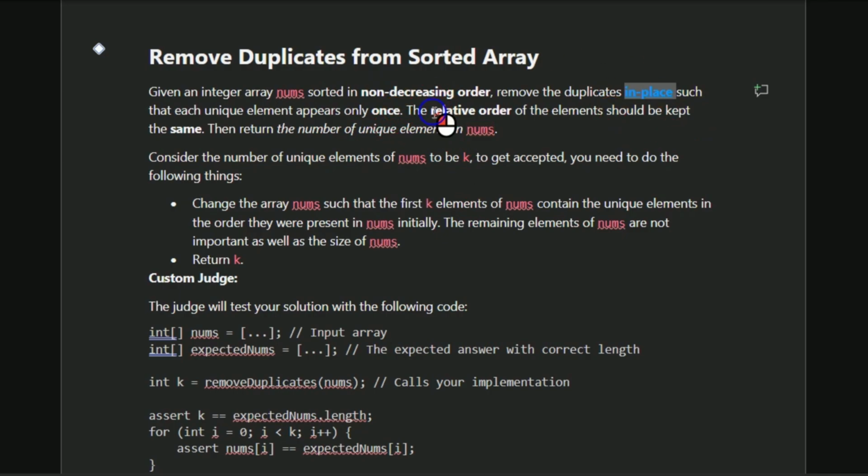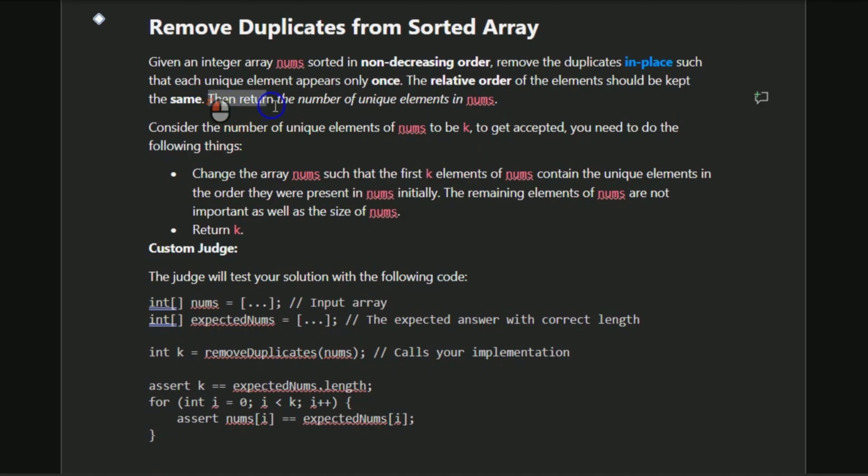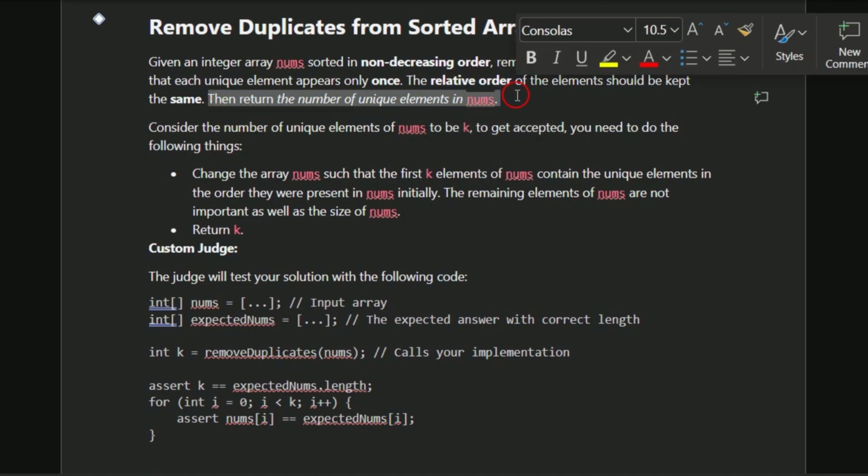Also, it mentions that the relative ordering of the elements should be kept. So after removing the duplicates from your array, you have to keep the relative order. That is one more thing we need to keep in mind. And finally, what we have to return is the number of unique elements in nums.